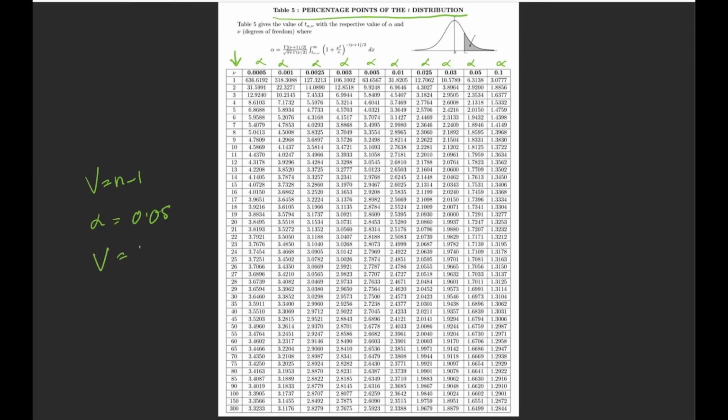So find nu 24. Nu 24 is here, and our alpha 0.05 is here. So you go to the midpoint. Ta-da! So T 0.05, nu 24 is equal to 1.7109.